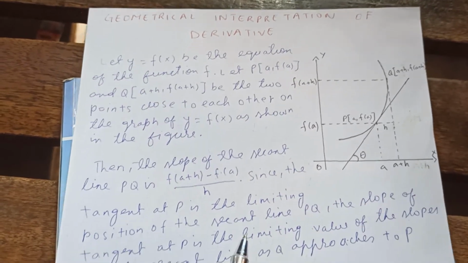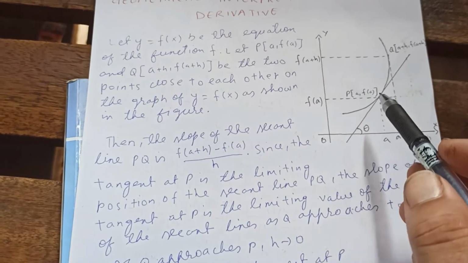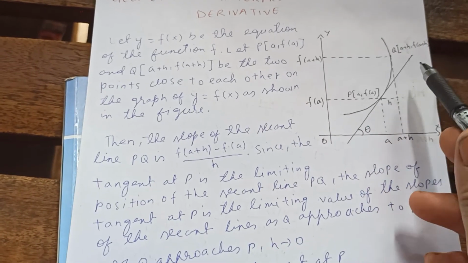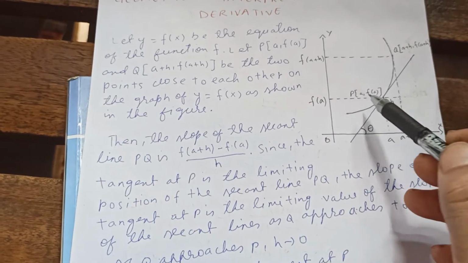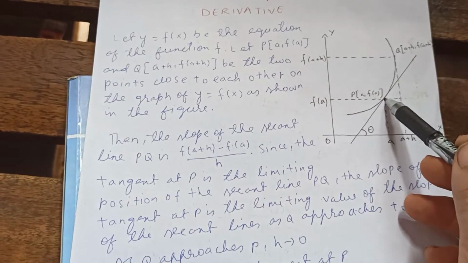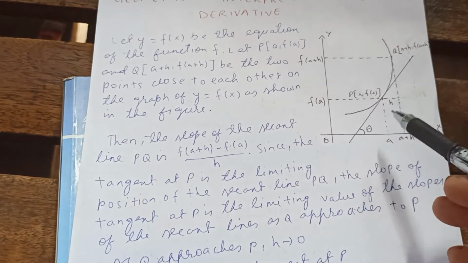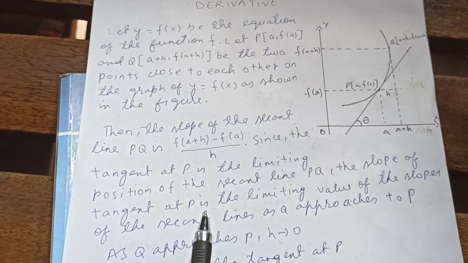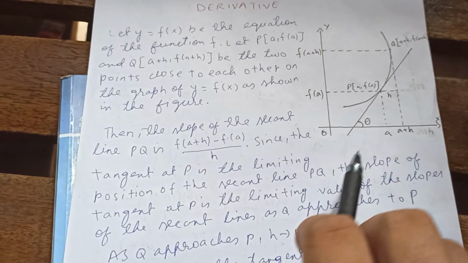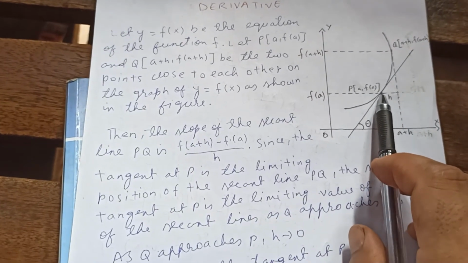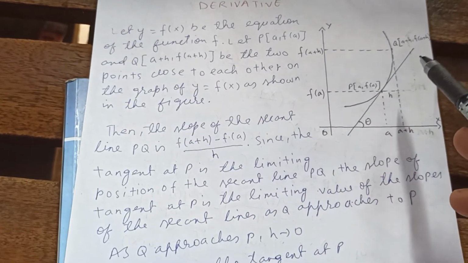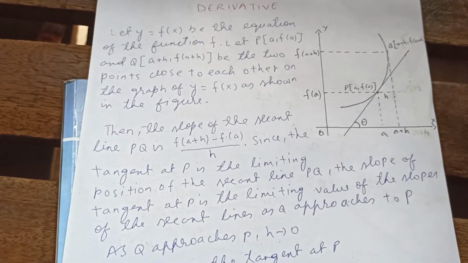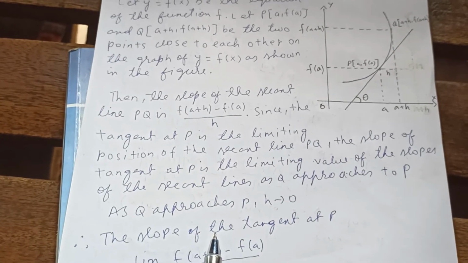Okay, since the tangent at P, so P is the point, we draw this straight line touching P at this point. So that is what we call the tangent line. Since the tangent at P is the limiting position of the secant line PQ, here at this point, if you draw a tangent line, so this is what we call the limiting position of this secant line.